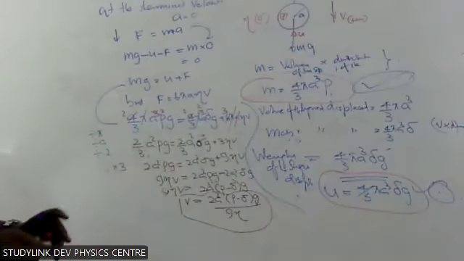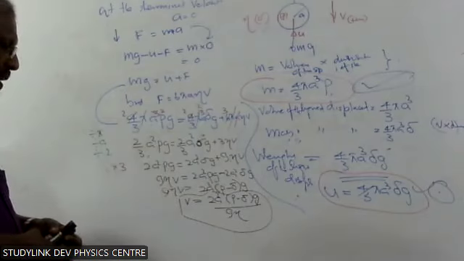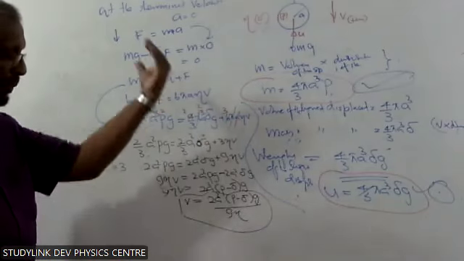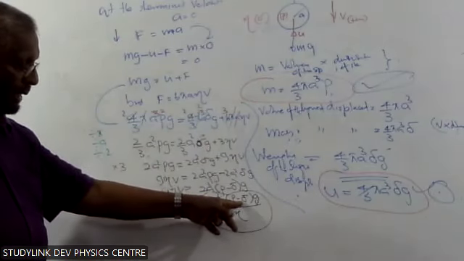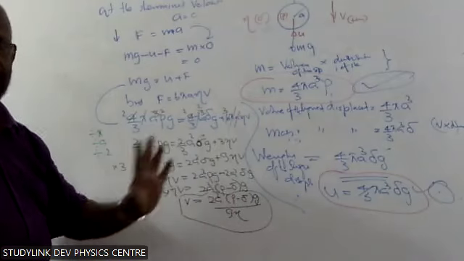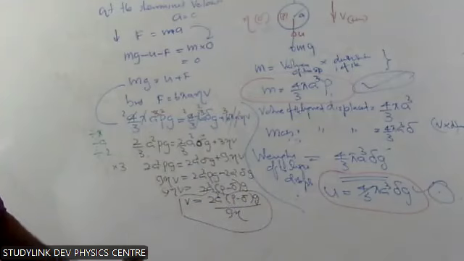Then note it down. Always remember, when you substitute the values, rho minus sigma, this difference must be positive. Otherwise you are writing it the wrong way.